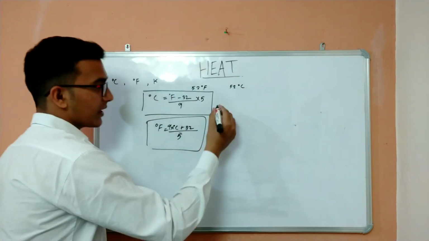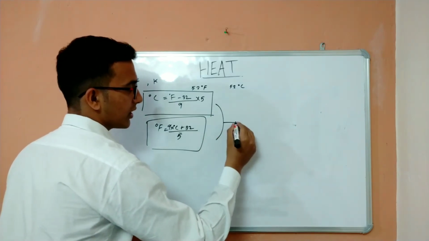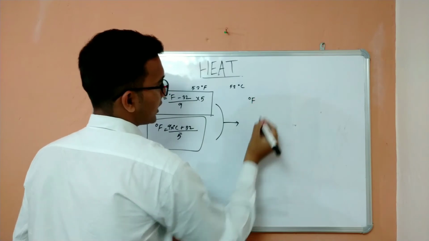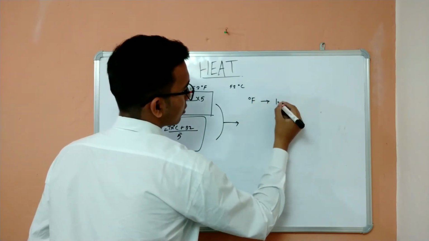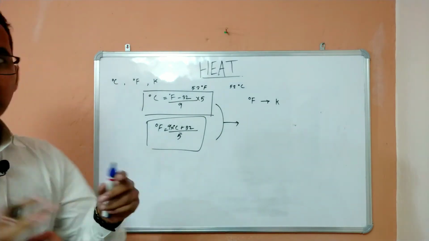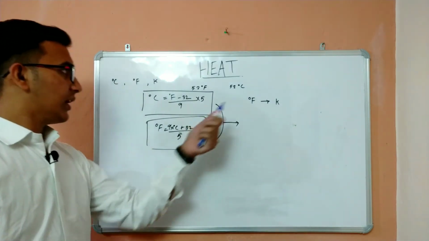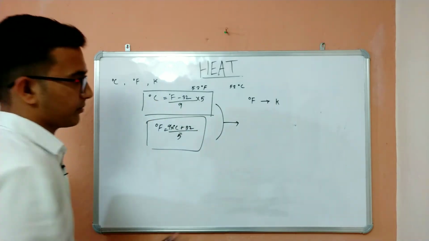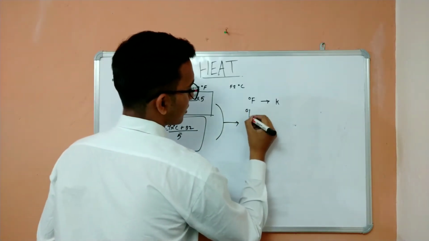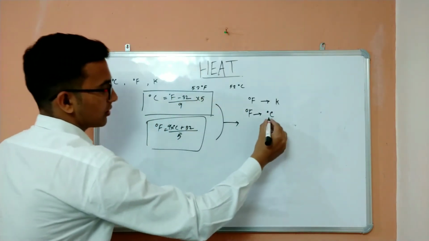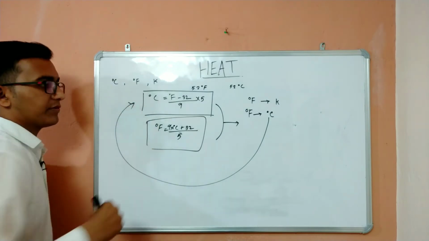Now, what are their connections with Kelvin? Suppose you are given something in degree Fahrenheit and you are told to convert it into Kelvin. What I basically do is I take the long route because that's safer: convert Fahrenheit into Celsius first and then convert it into Kelvin. You know the formula for Fahrenheit to Celsius.